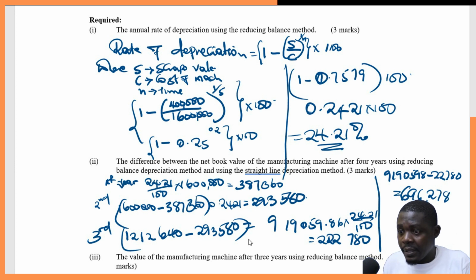This first year, second year, third year, we call depreciation here. Now the question is asking the difference between the book value after 4 years.